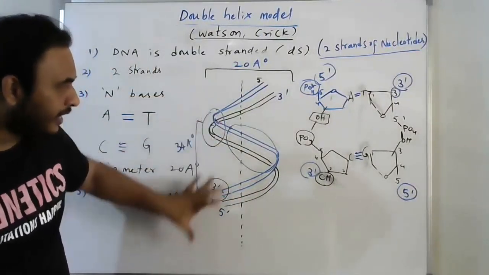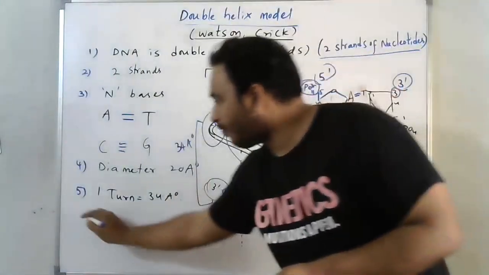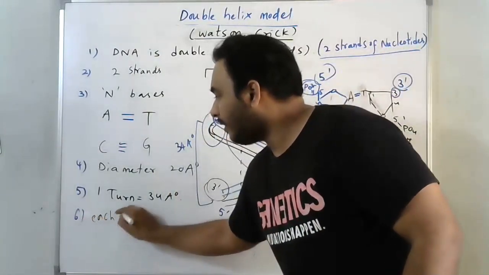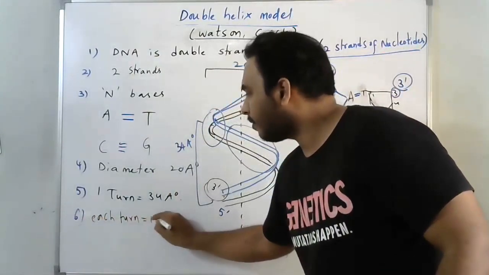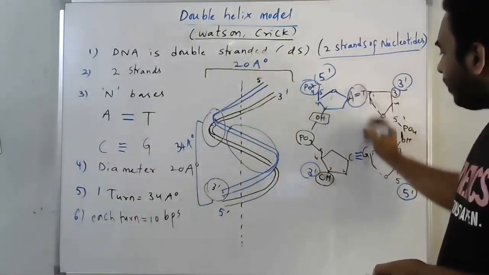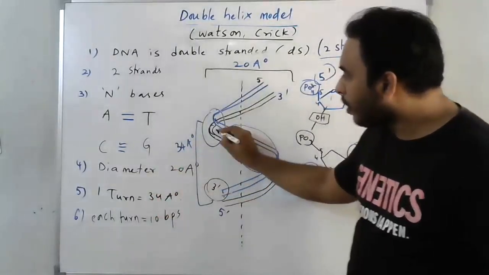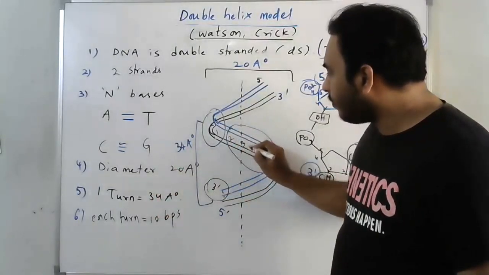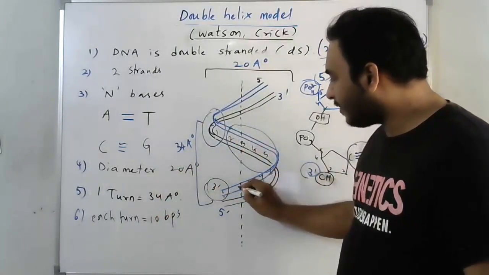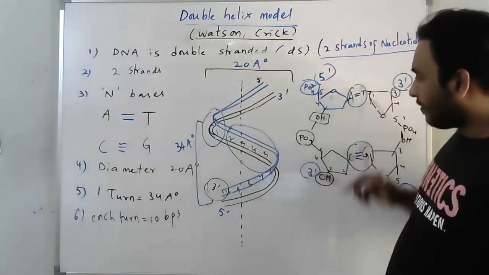And each turn of DNA consists of 10 base pairs. See, this is one base pair and this is another base pair. Like that, 1, 2, 3, 4, 5, 6, 7, 8, 9, 10. So 10 base pairs will be present.